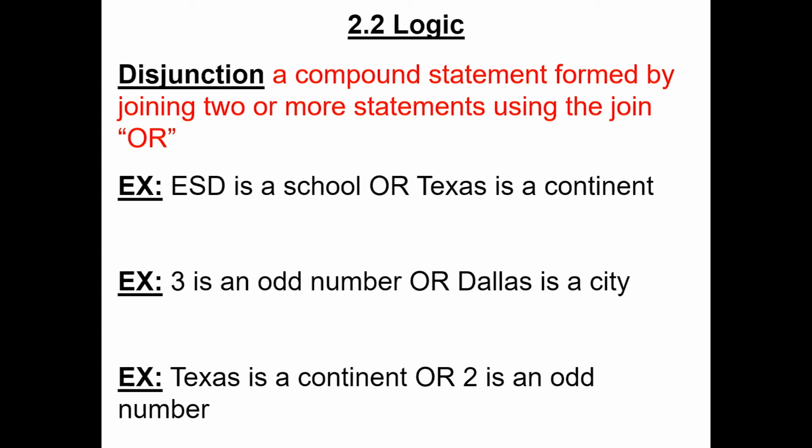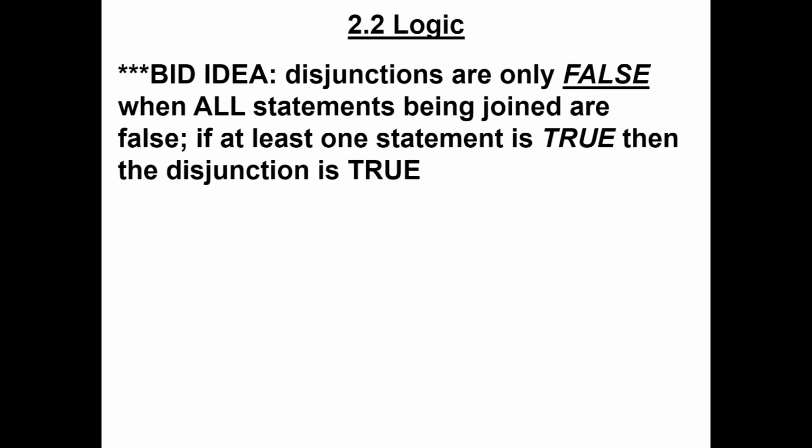Texas is a continent or 2 is an odd number. Now both of these are false, so this would be a false disjunction. So these work kind of opposite to conjunctions. The big idea we should get from here is disjunctions are only false when all of the statements joined are false. If you can find at least one true statement in a disjunction, that makes the entire thing true. So again, works very opposite to conjunctions.